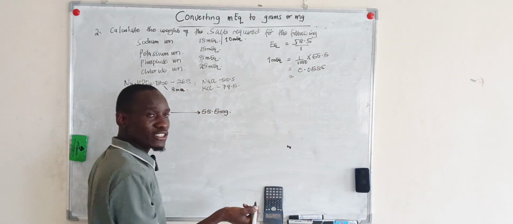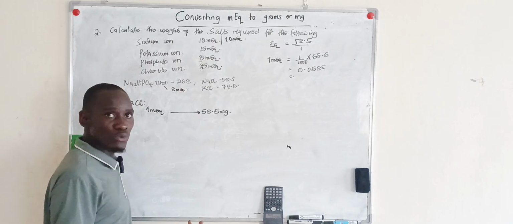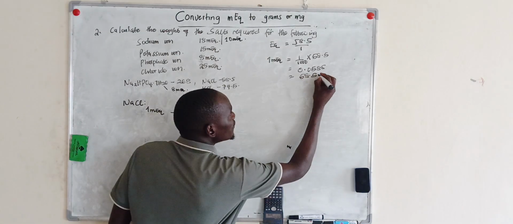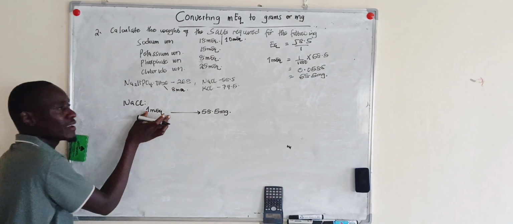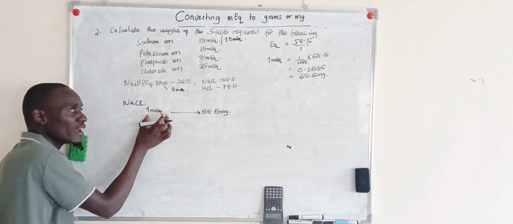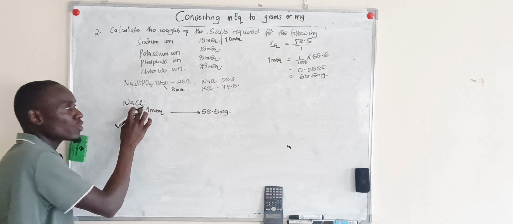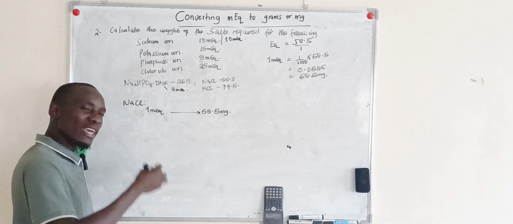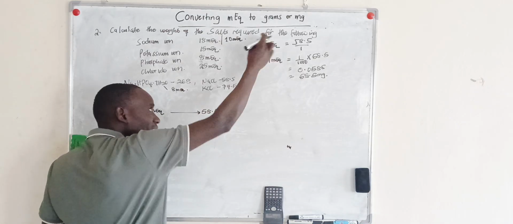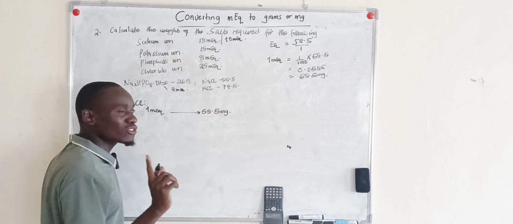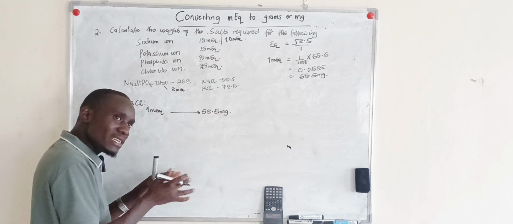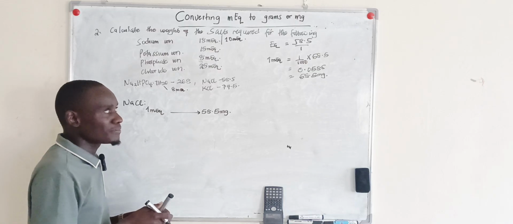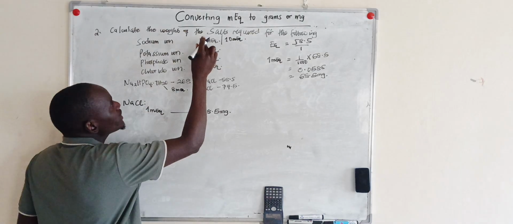And when we convert this to milligrams, we simply multiply it by 1000. So this will be 58.5 milligrams. That's why I am saying 1 milliequivalent each of sodium and chloride ion is contained in 58.5 milligrams. So every time you have an ion which has a valence of 1, the molecular weight is always equal to the equivalent weight.